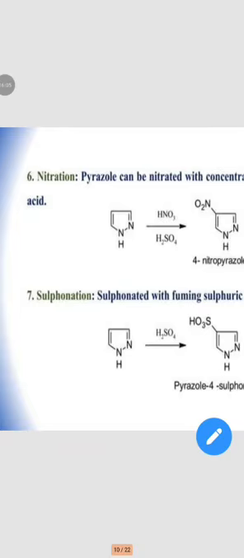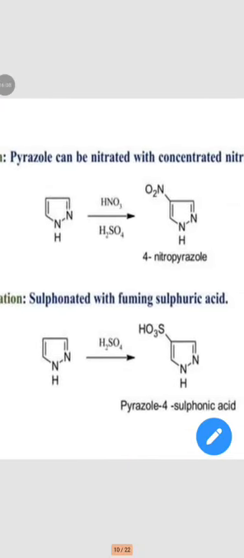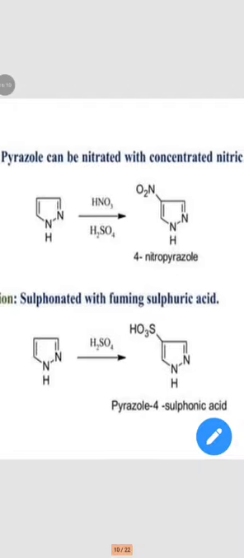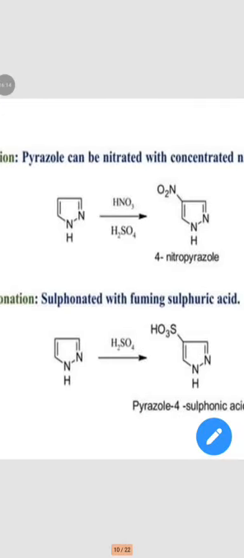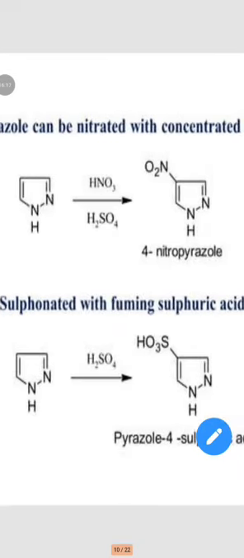Next reaction is nitration. Pyrazole can be nitrated with concentrated nitric acid in the presence of sulfuric acid to form 4-nitropyrazole.